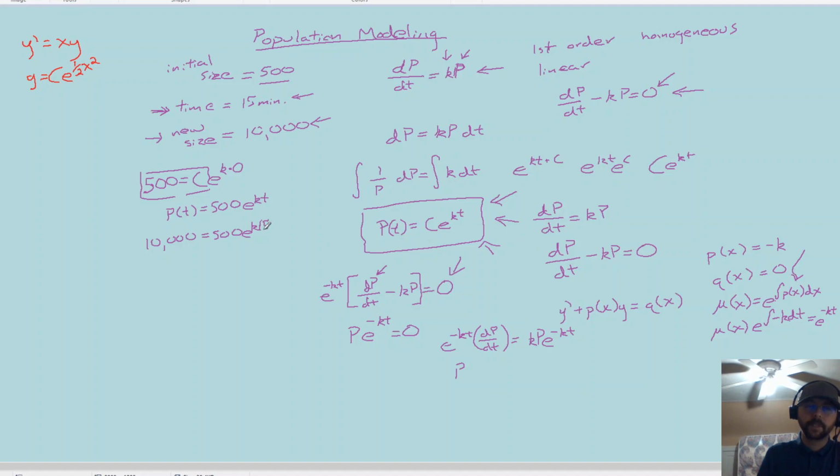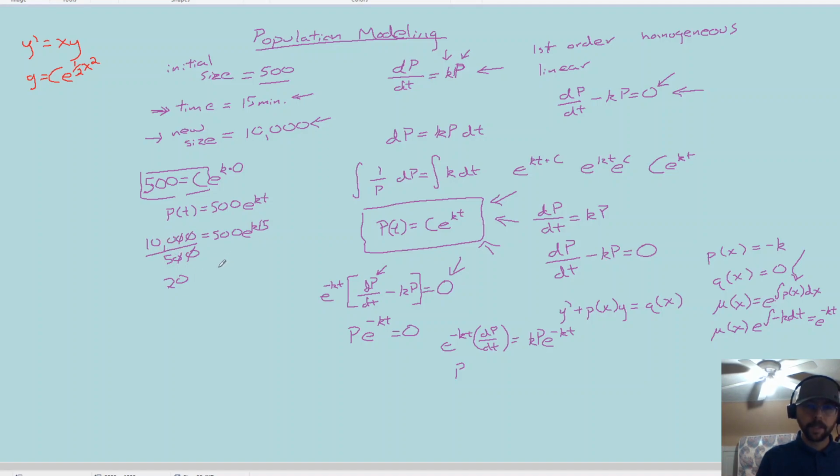Now we can solve this for k. We would divide by 500, which, if I don't make a mistake here in my head, should be 20. Hopefully I did that right.